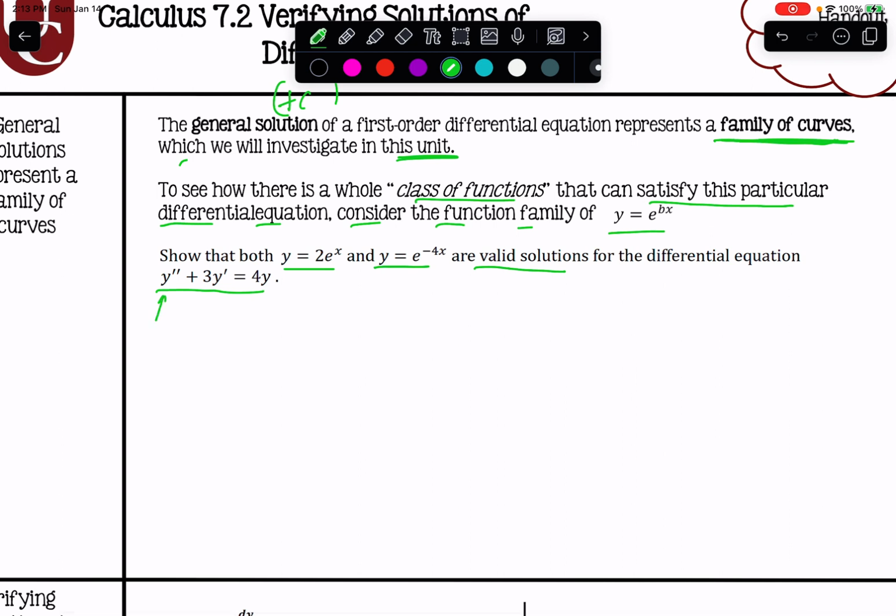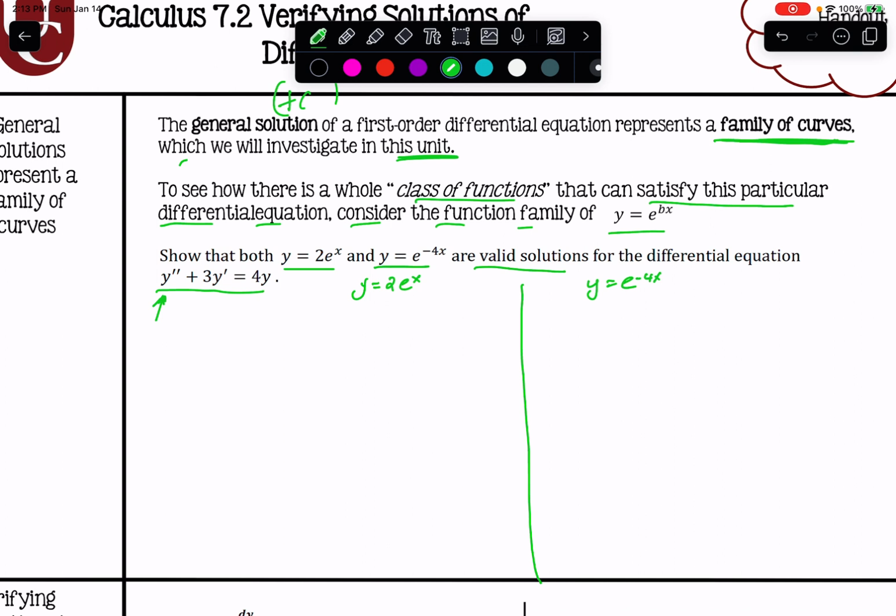You're going to need y prime prime, and you have to do it twice: proving y equals 2e to the x is a solution, and then y equals e to the negative 4x is a solution.